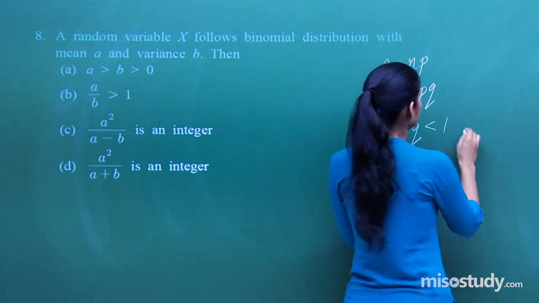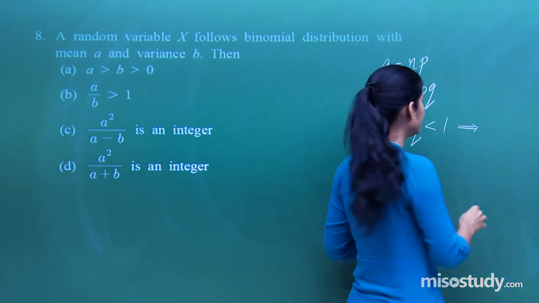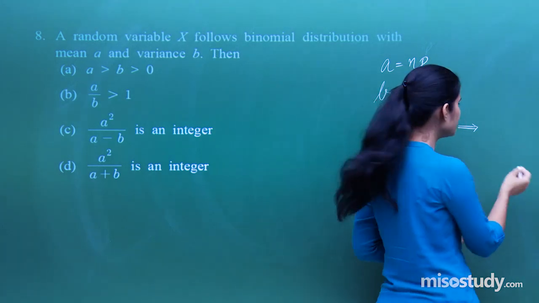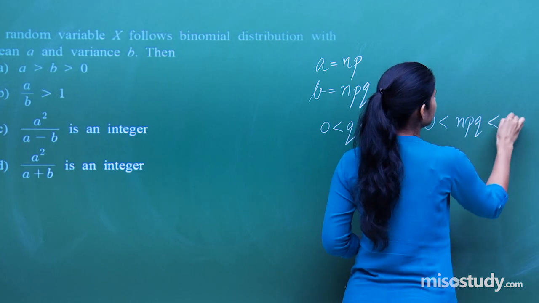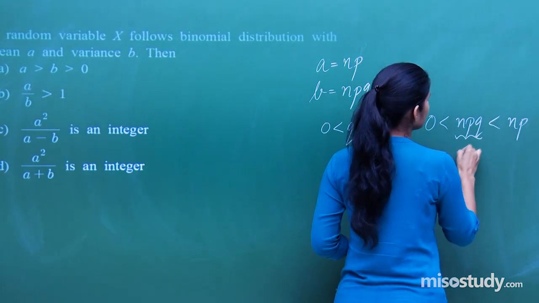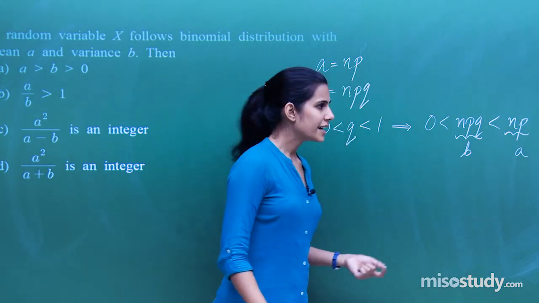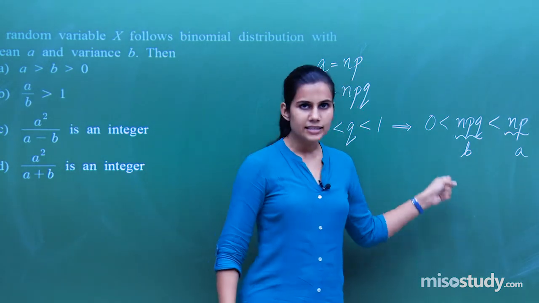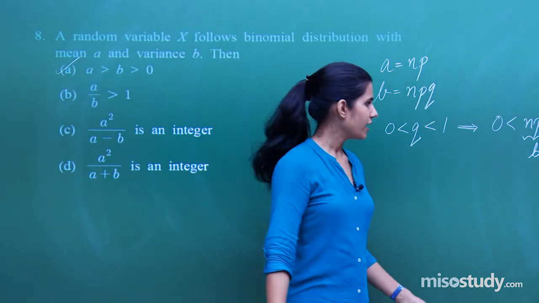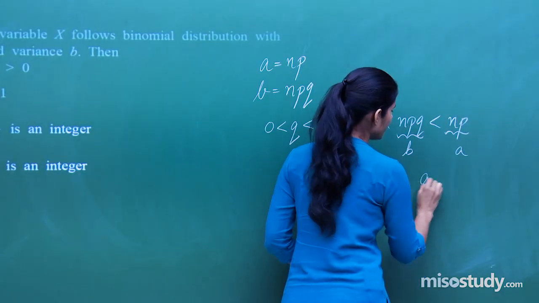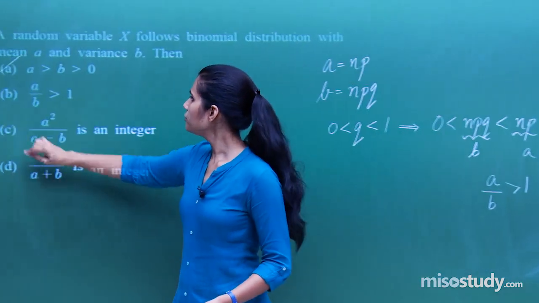If you multiply throughout by NP, N is positive, P is positive, so you get 0 is less than NPQ is less than NP. This is nothing but B and this is nothing but A. So you are getting A is greater than B is greater than 0, or I can also say A by B is greater than 1. So this is also true.